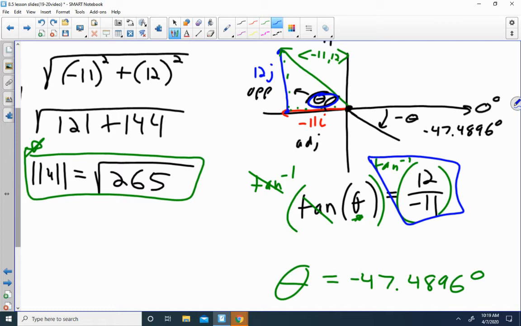But this still comes to us as an advantage because the angle that we found is actually the reflection of our actual angle. And what I mean by reflection is we found the angle, it's just we need to add 180 degrees to reflect it back to where it was.